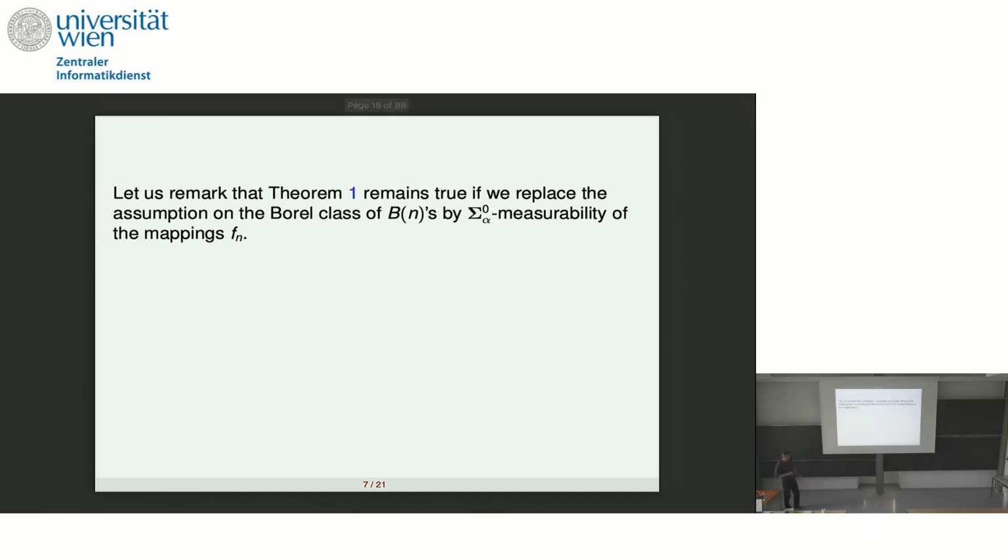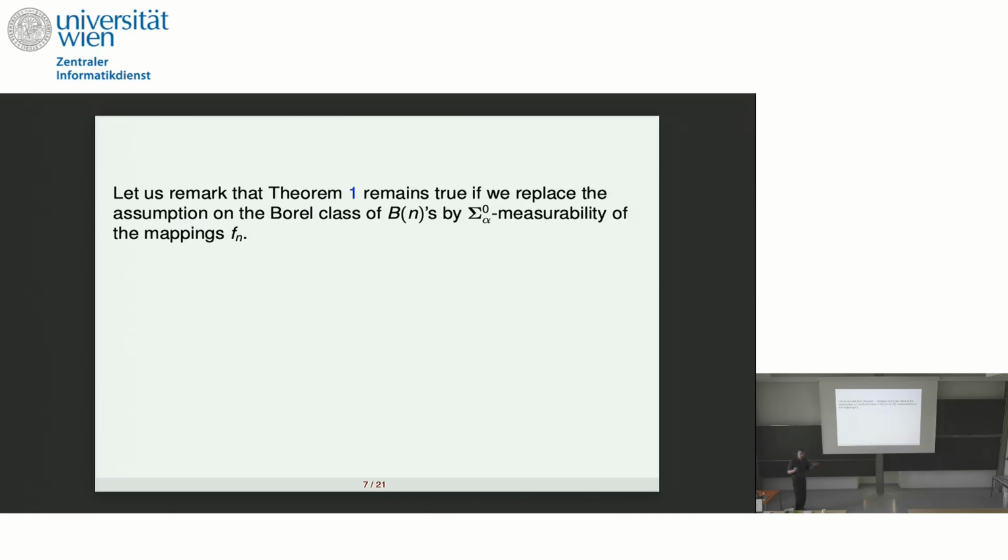So before starting with presenting some ideas of the proof, I would like to present a version of this theorem or of this question, which can come to mind. Theorem 1 remains true if we replace the assumption on the Borel class of Bn's by sigma 0 alpha measurability of the mappings Fn.